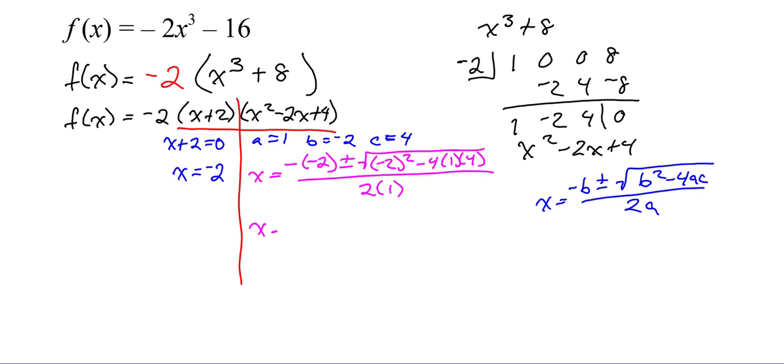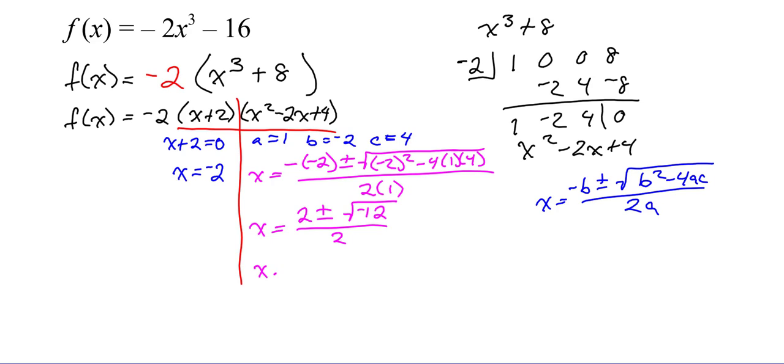We're going to simplify this to 2 because negative negative is positive, and under our square root sign we end up with -12 when we do the calculation, divided by 2.